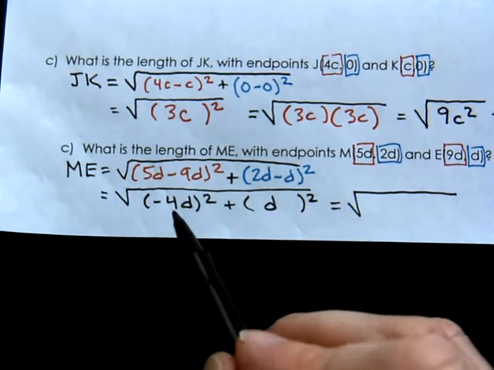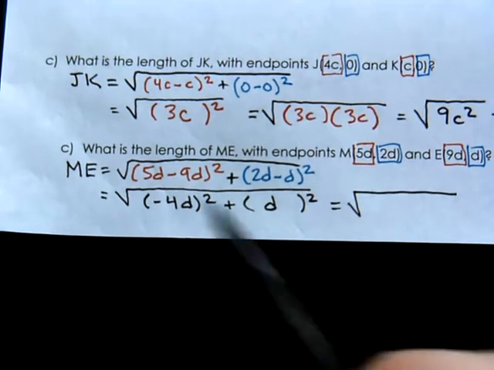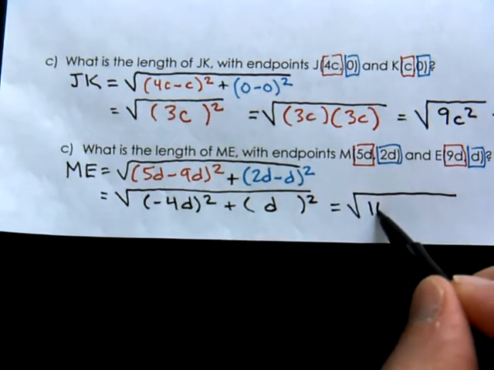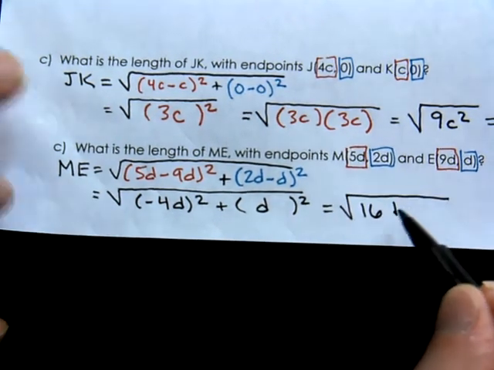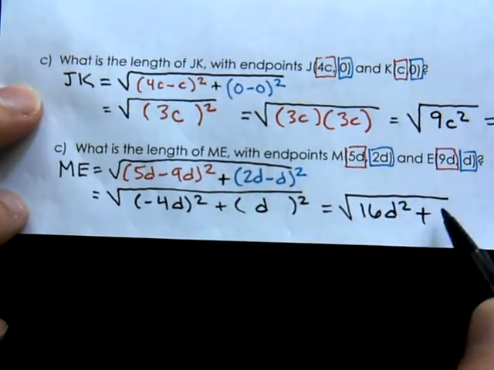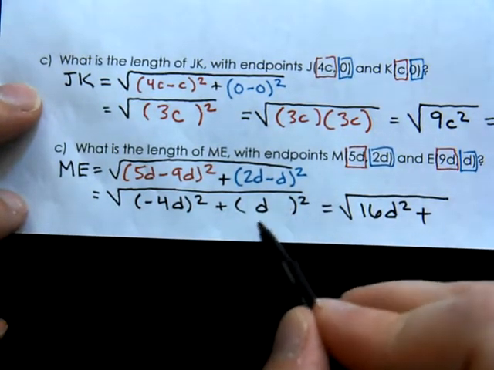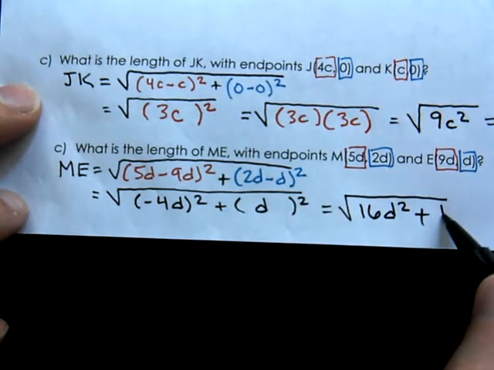You have a negative 4d times negative 4d. So a negative 4 times a negative 4 gives you positive 16, and a d times d gives you a d squared. There's the plus sign. And now here you have a d squared, and that's pretty much it. You have a d times d, and that gives you d squared.